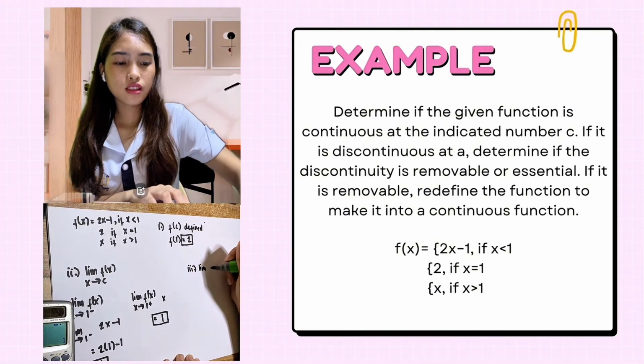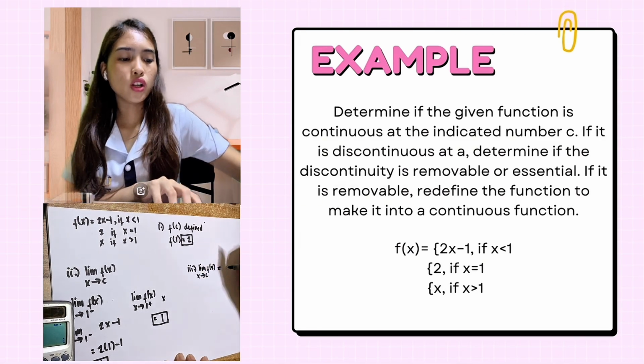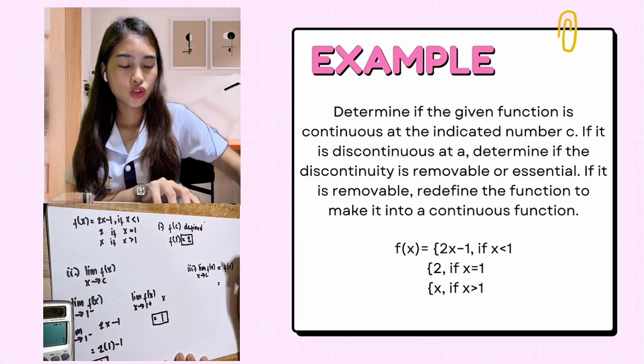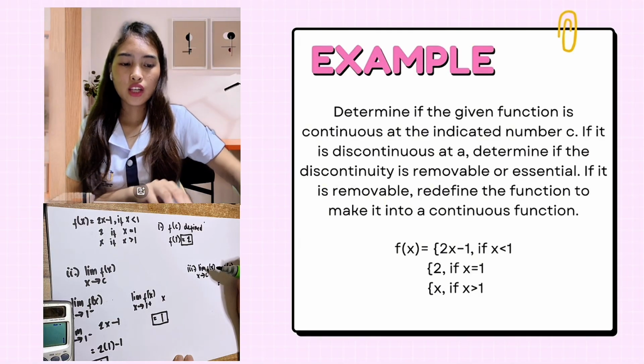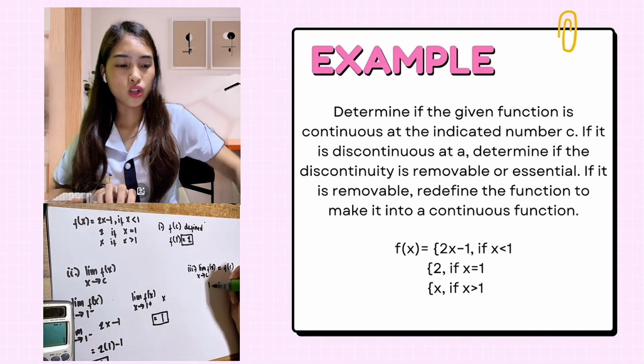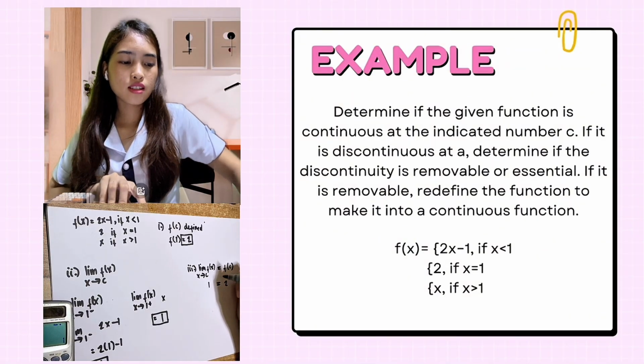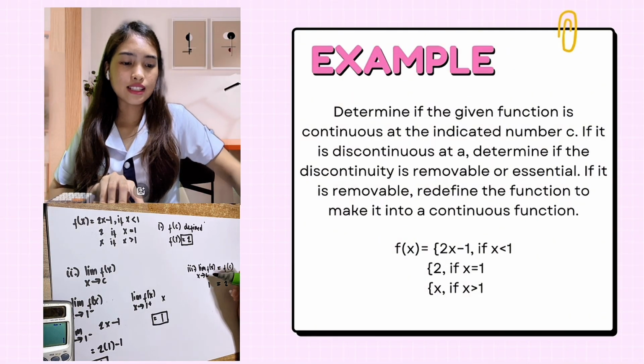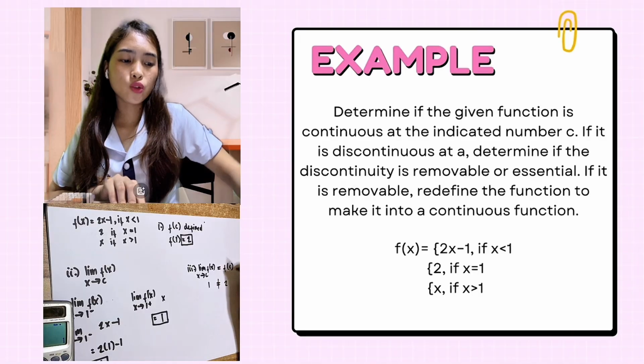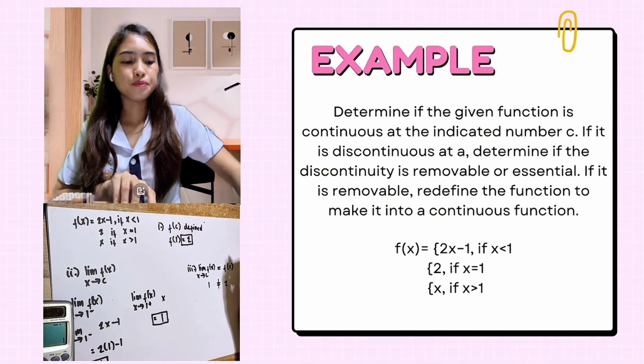The limit of f of x as x approaches c is equal to f of c. Our limit of f of x as x approaches c is 1, while our f of c is 2. So that means our limit of f of x as x approaches c is not equal to f of c.